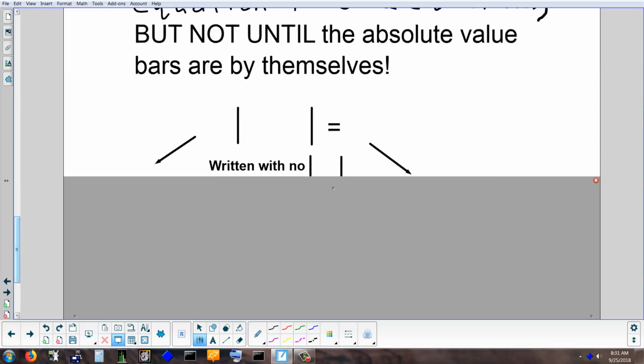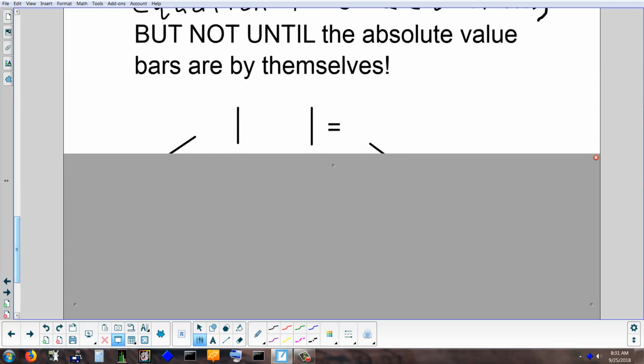So this is it. This is your original, right? Bars, equal sign, and there'll be a number here. When you get it like that, you're good to solve. But like I said, sometimes you may get that. It might be all set to go and split. Sometimes it may not be. All right?